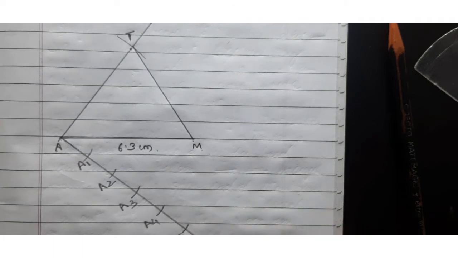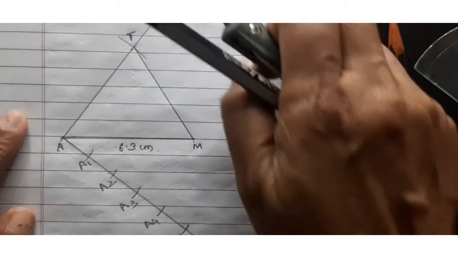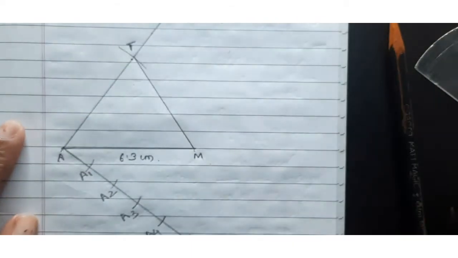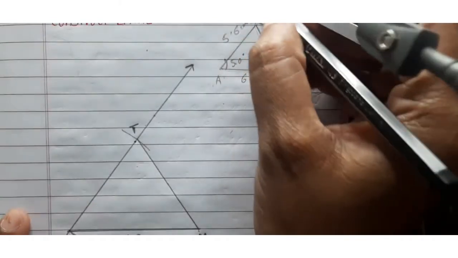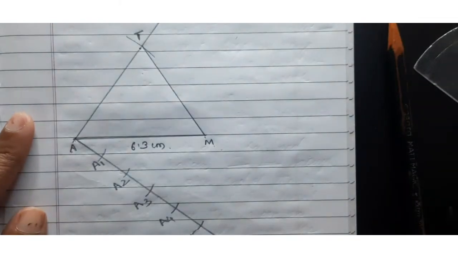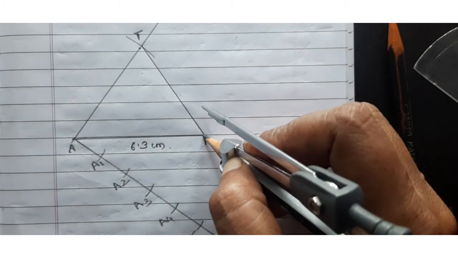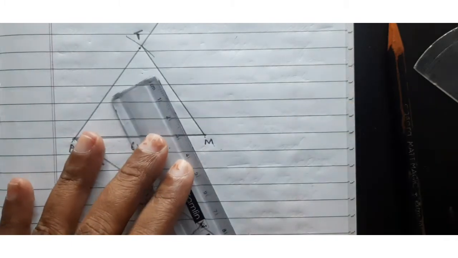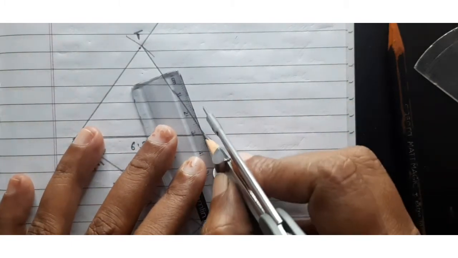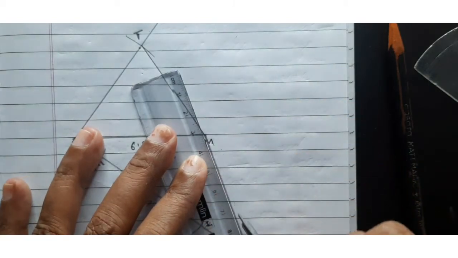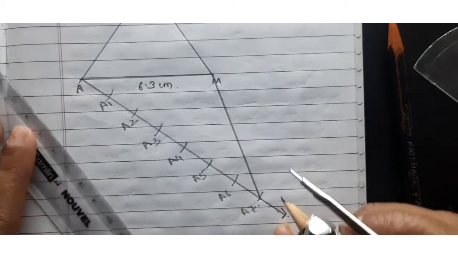Right, now this A7, AM is what? AM is 7. So from A7 I'll be joining M. Somewhat this type.